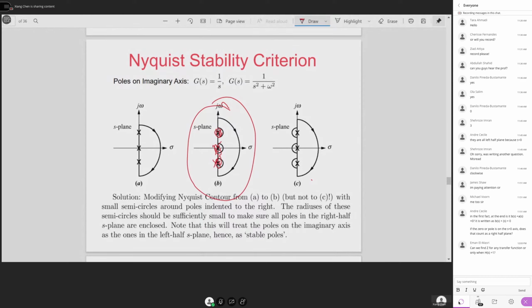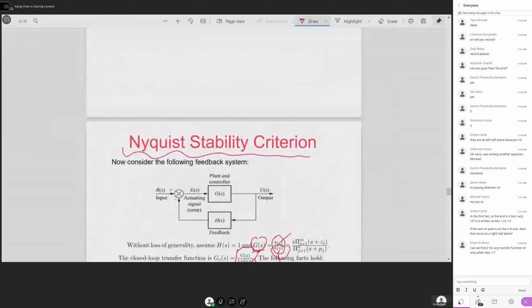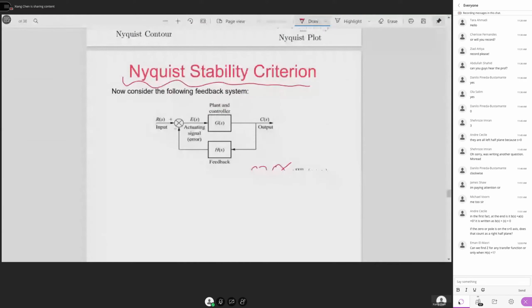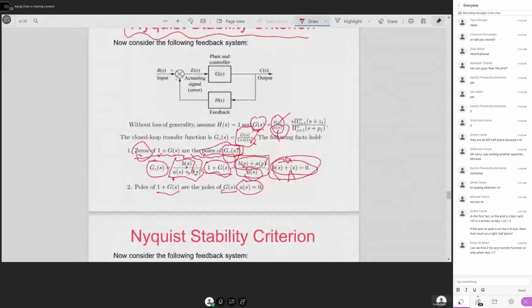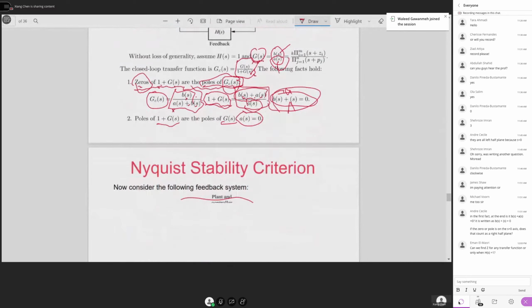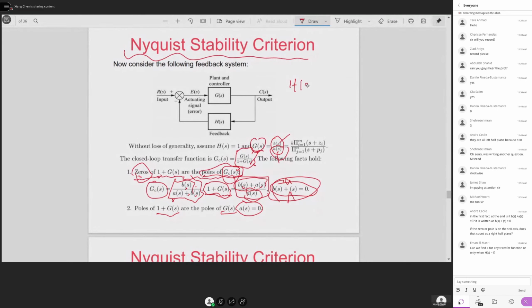Okay, so can we find the Z for any transfer function or only one H of S? Oh, you know, Iman, it doesn't matter. I'm gonna tell you this, okay? If you do not assume that the H of S is equal to 1, then what happened?